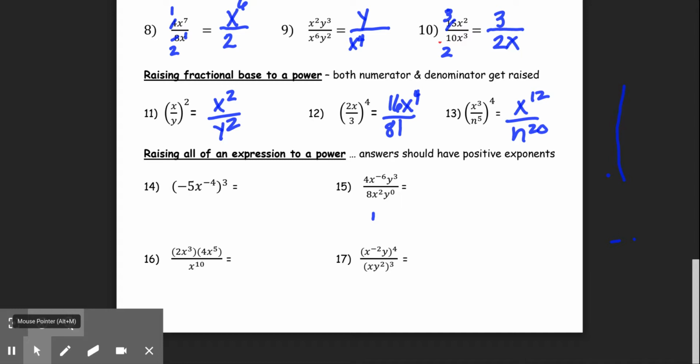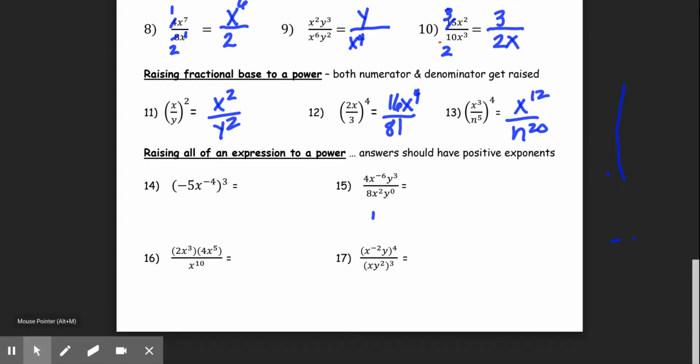All right, and then let's look down here at the bottom. As it says, raising all of an expression to a power. Answer should have positive exponents. So on this one, this will be -5 that's going to be raised to the 3rd power.